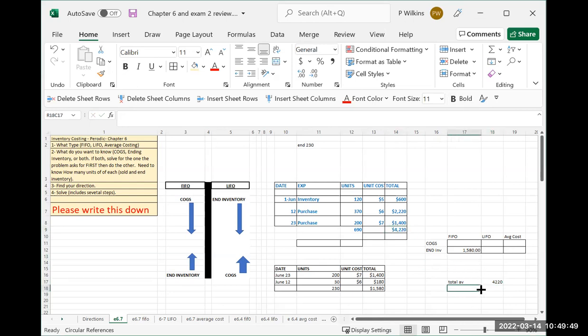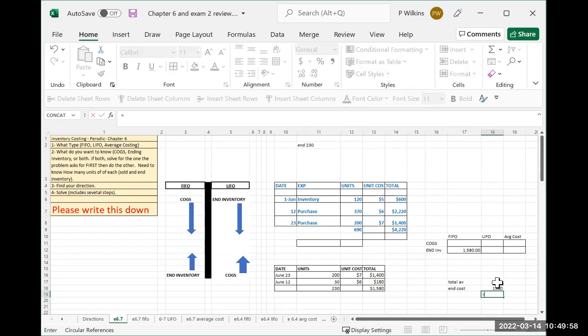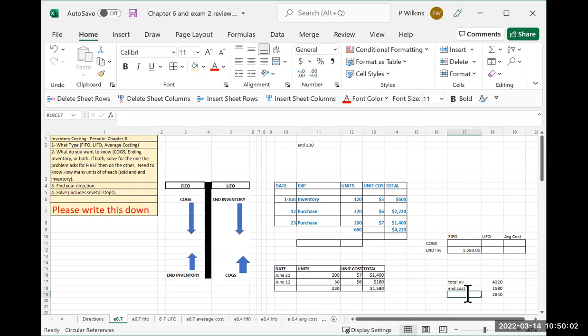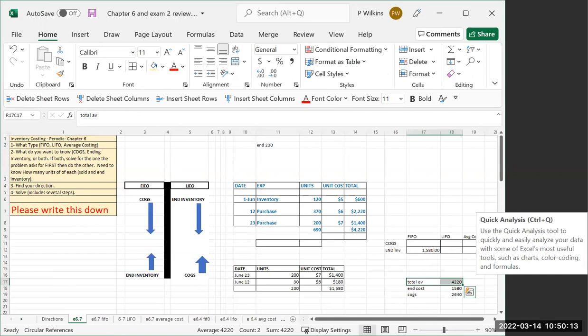And if we know that the ending inventory cost was $1,580, and we subtract $1,580 from $4,220, we're going to see that the cost of goods sold is $2,640, okay? Because the total available is made up of what you sold and what you have left in the end, right?